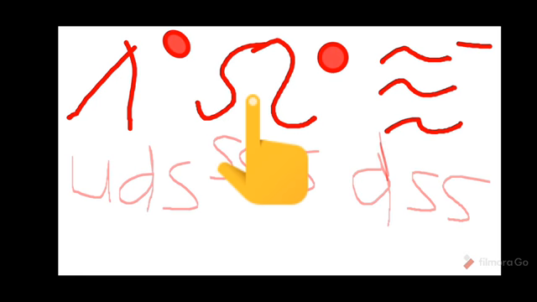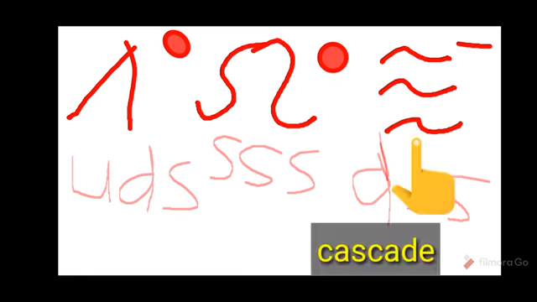Then the omega has three strange quarks, and then the cascade or the chi has a d quark, a strange quark, and another strange quark.